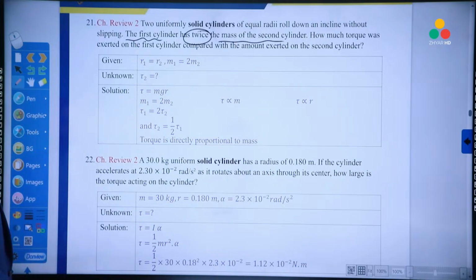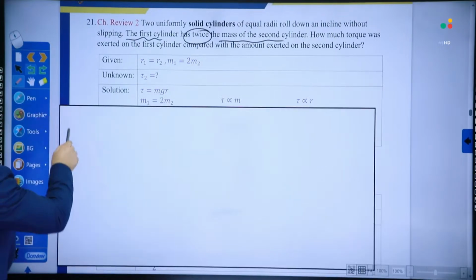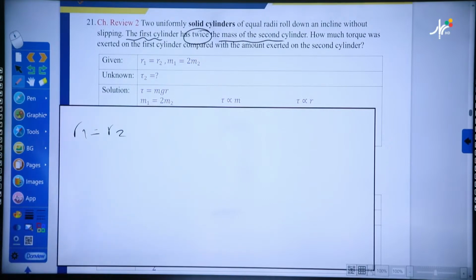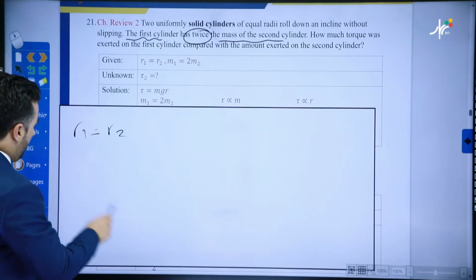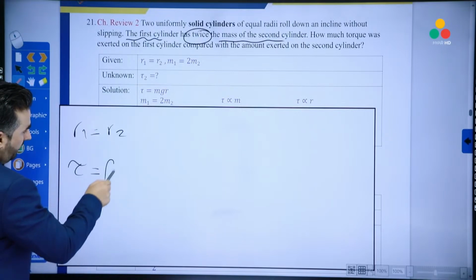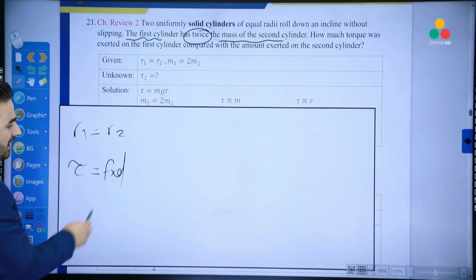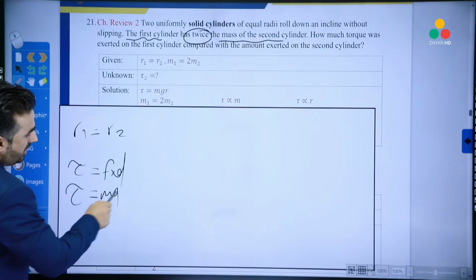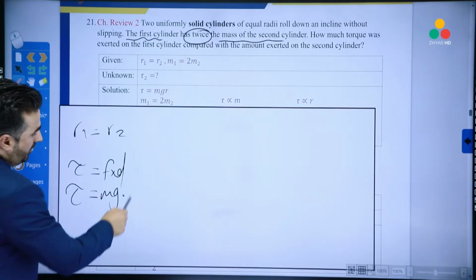So there is something you need to know. We can say, of course, R1 equals R2. Why? Because they have the same radius. Now, in terms of the net torque, remember, torque equals force times the distance. Because we have mass here, we can say mg times the distance, which will be the radius.